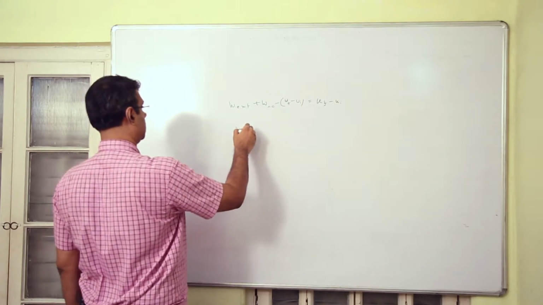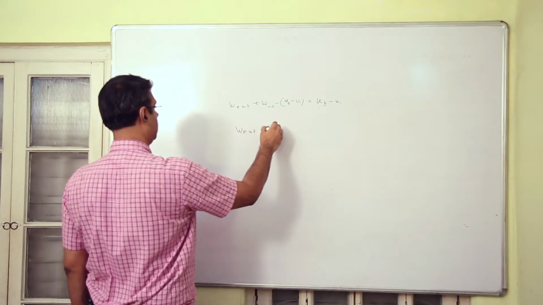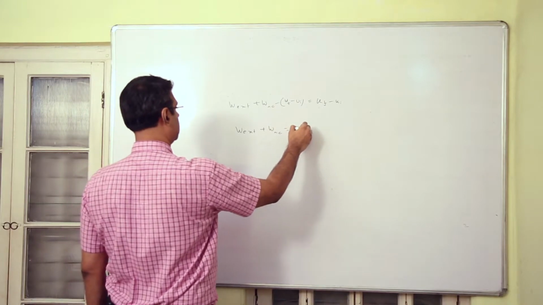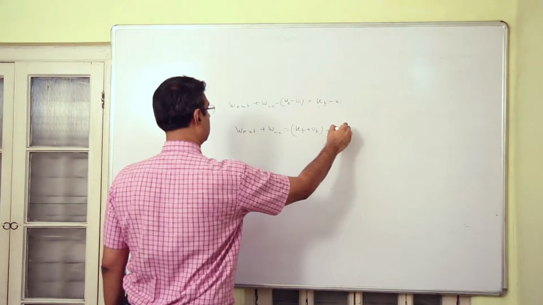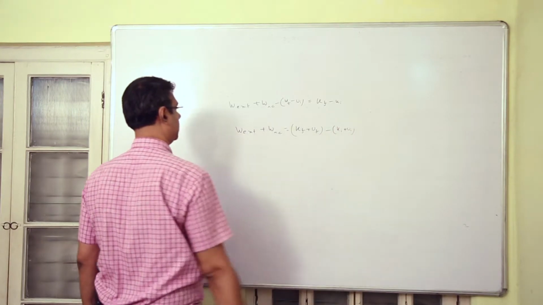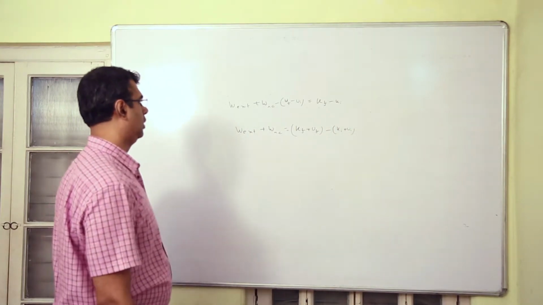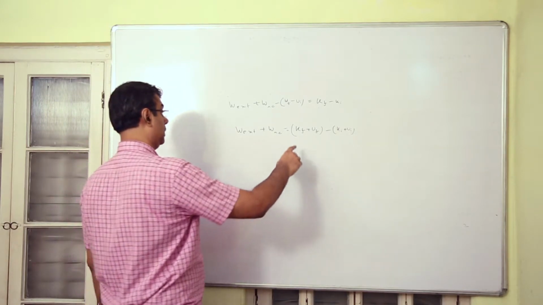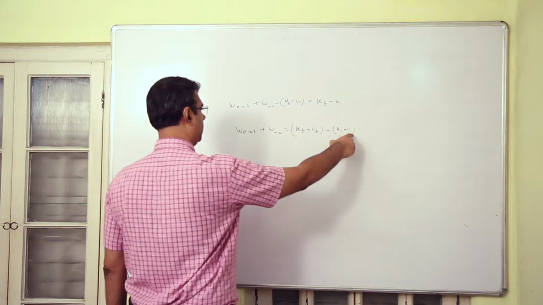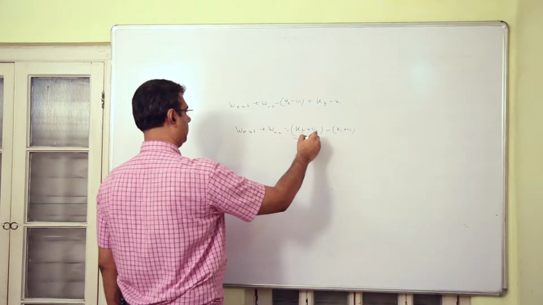So we can now say that WEXT plus WNC is (KF plus UF) minus (KI plus UI). So what we have done is that now we have written one expression: the initial sum of kinetic and potential, and the final sum of kinetic and potential.